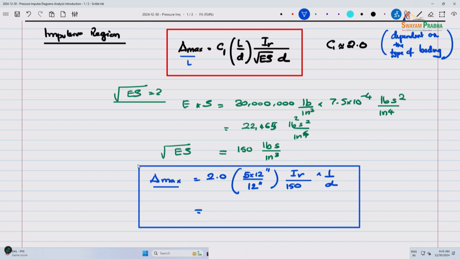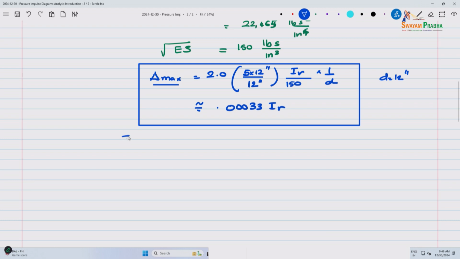So you get this in terms of, now d is equal to 12 inches. I don't know what the IR value I took. So anyway, this comes to 0.00033 IR inches.